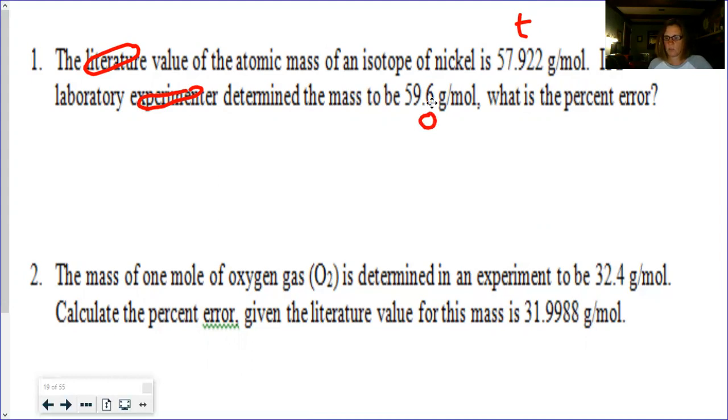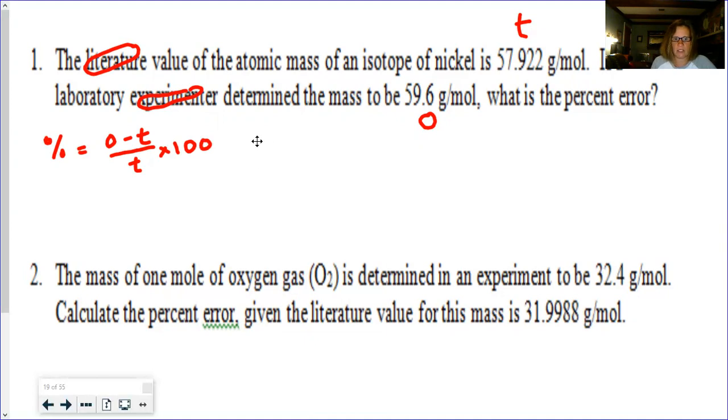Okay, so to do this problem thoroughly and completely and to get full credit on a test or an assessment, we start by writing the equation, the formula for percent error, without any numbers in it. Okay, so this is just what we're going to substitute into the equation. So percent error equals observed minus true over true times 100.